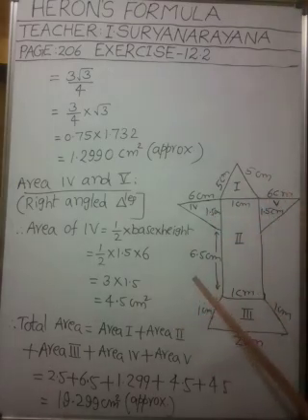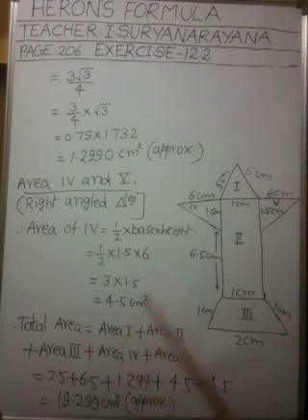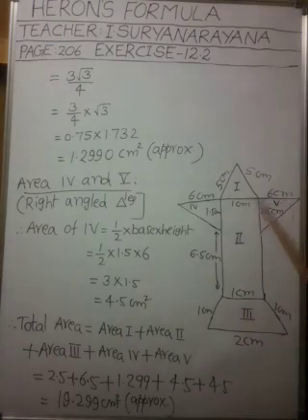Okay, my dear children, we got the areas of each and every geometrical figure in this diagram. So therefore the total area is equal to first area plus second area plus third area plus fourth area plus fifth area. Then we get the area of the entire airplane.